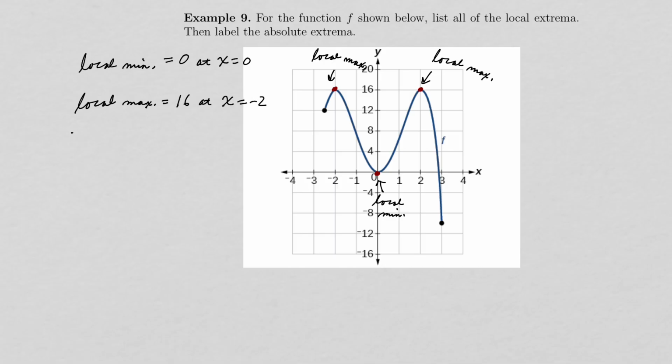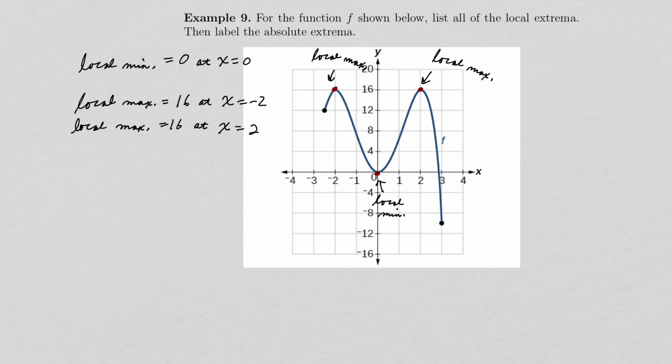And then there's another local max also equal to 16 at x equals +2. So there's 2 local maximums, both equal to 16, and one is at an input value of -2, the other one's at an input value of +2.